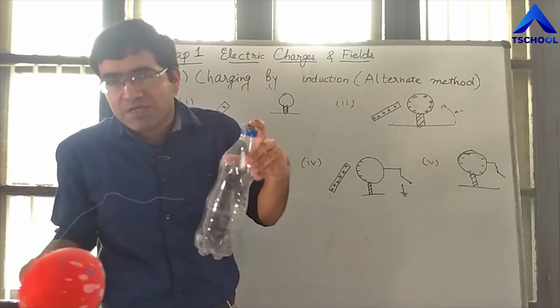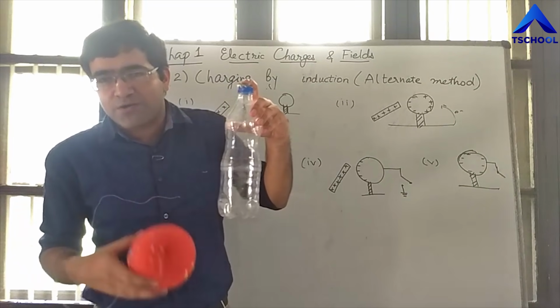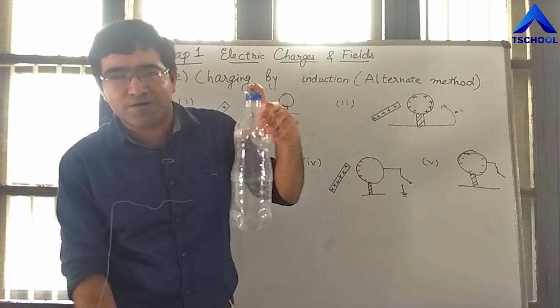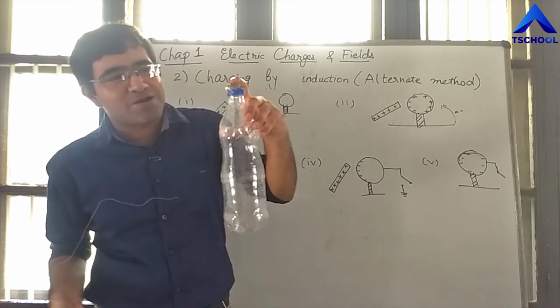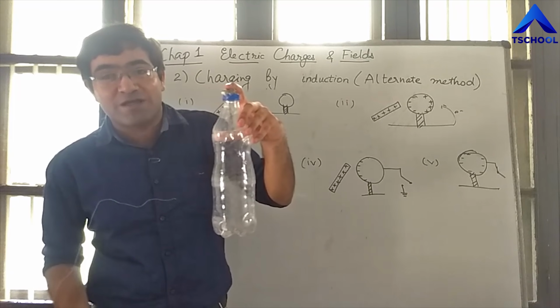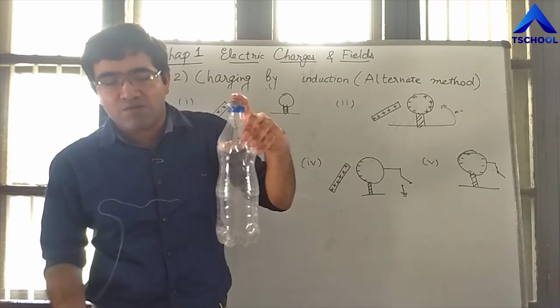So what that means is that there is a conductor between this point and the ground, because my feet are touching the ground and human body is a conductor. So whatever charges are developed on this upper surface, they will be neutralized easily by the electrons coming from the ground, right?